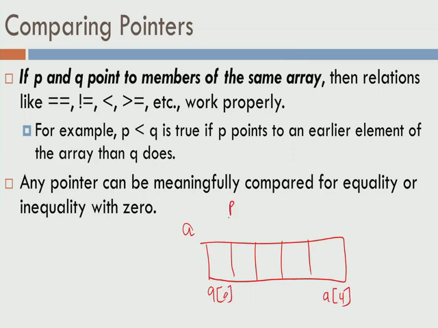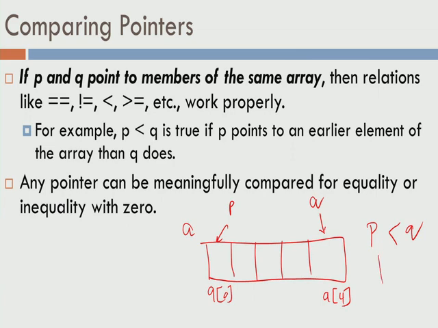If I make P point at this location and Q point at this location, then I can ask, is P less than Q? The meaning is that P is pointing to a location earlier in the array than what Q is pointing to. In this case, P less than Q is true.